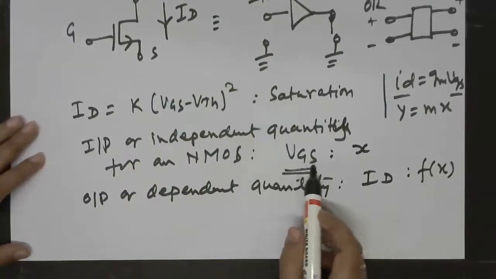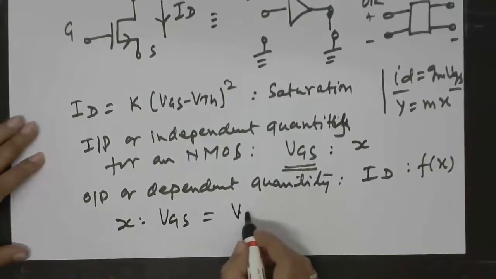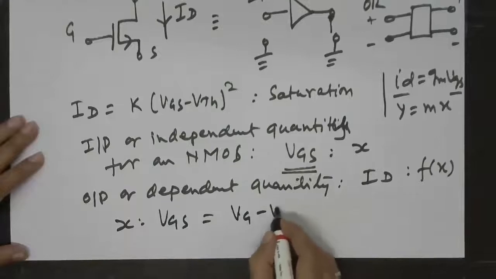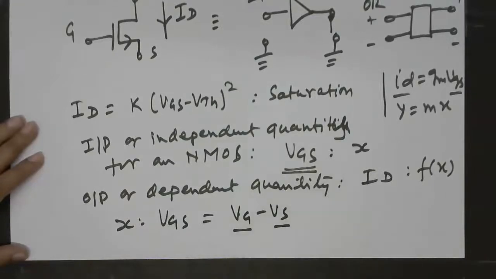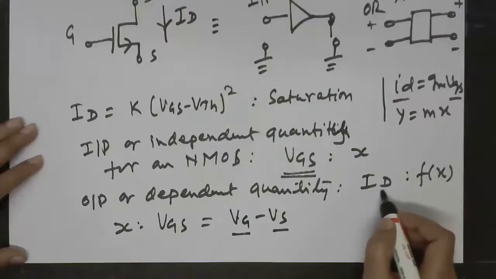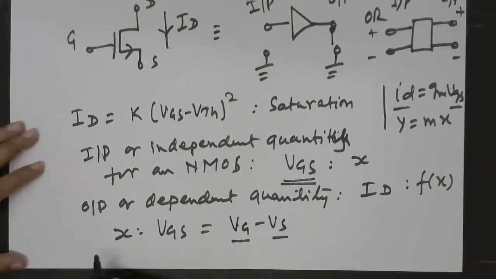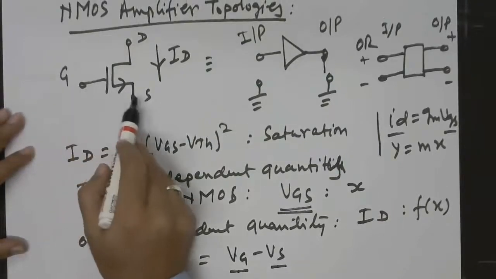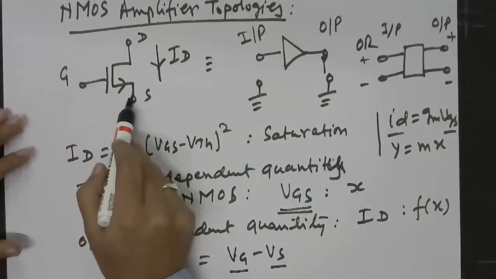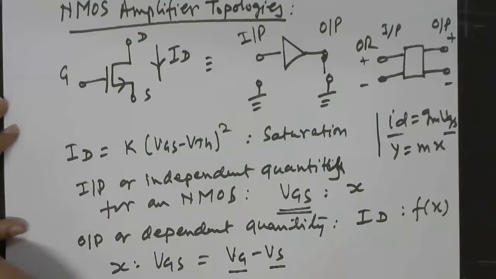Now here we see that the X, which is VGS, contains two independent nodes, the gate node and the source node. Since it is the net gate to source voltage which has an impact on the output quantity drain current, and the net gate to source can be changed either by changing the gate or by changing the source, these are the only two possible nodes which can be used for applying the voltage which we want to get amplified, right?